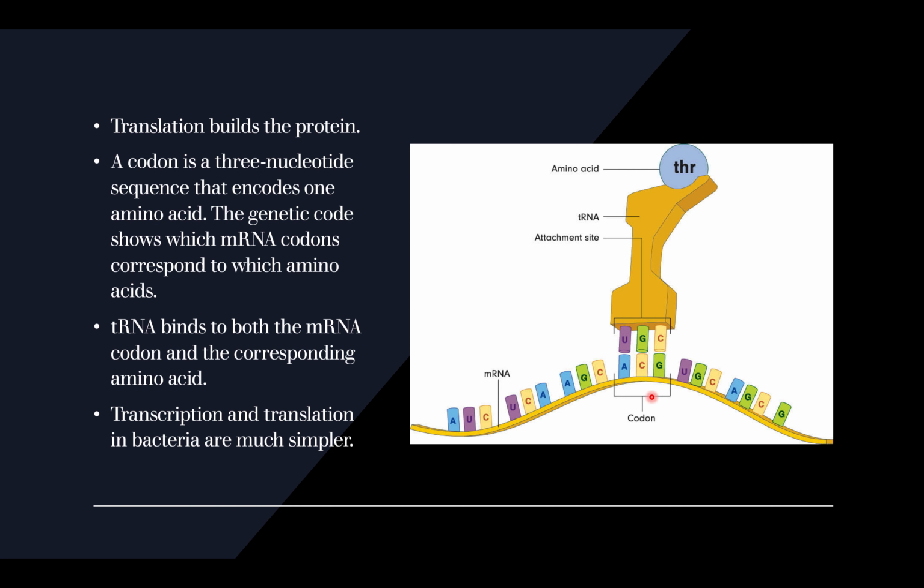So this is the process. Basically, this tRNA will come in. It sees the original codon from the messenger RNA, and it takes that message through this attachment site and codes this exact amino acid. And that takes place all the way down. It'll move from this codon to this codon to this codon to this codon, and through that process, we're making these amino acids that then will make up our new protein that we want.